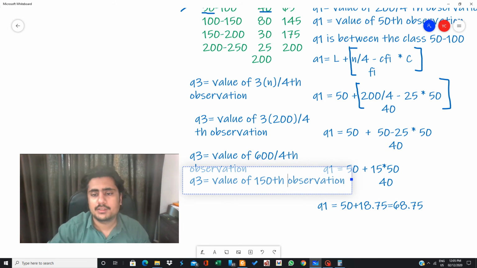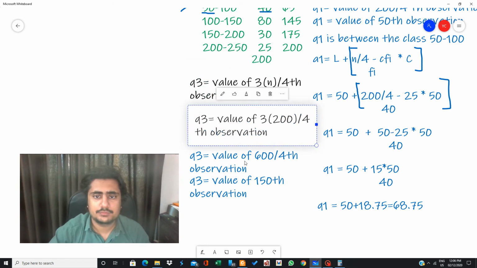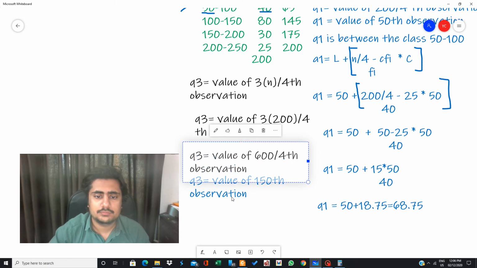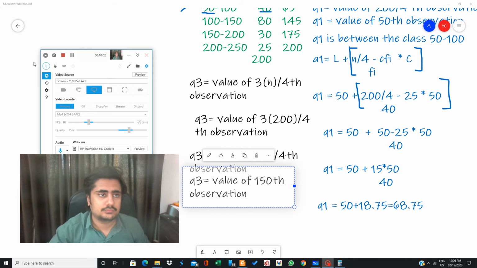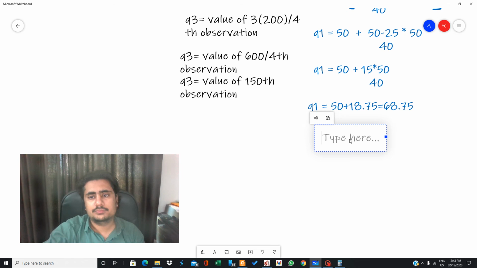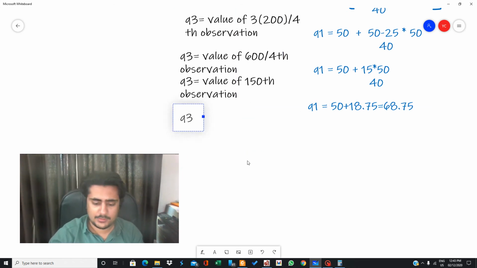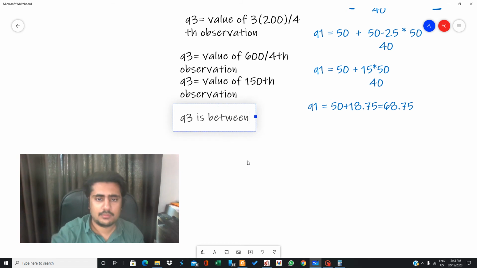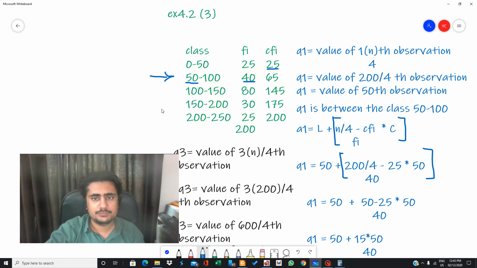Now where do I have to find this 150th observation? Let us change the color. Where this 150th observation lies, so Q3 is between, you will get the 150th observation in this class, that is 150 to 200.